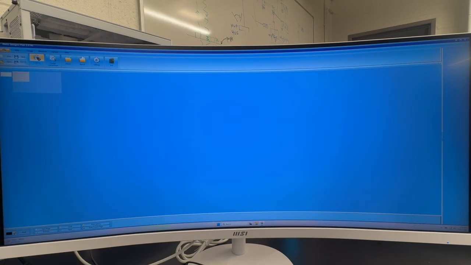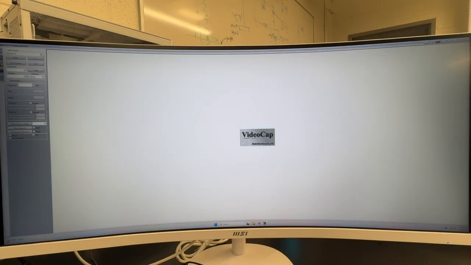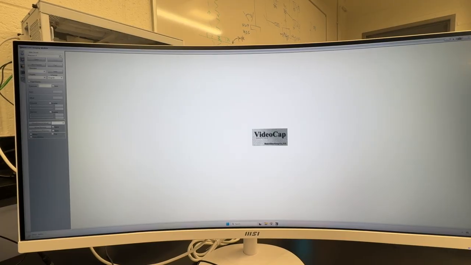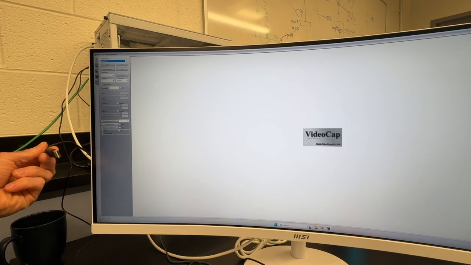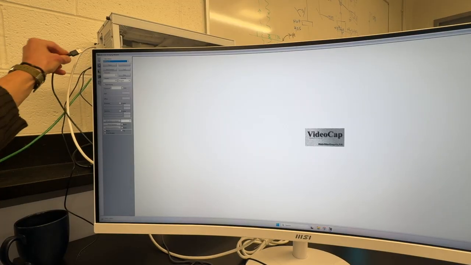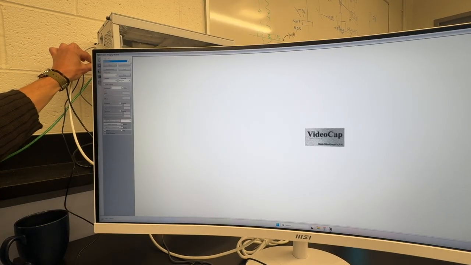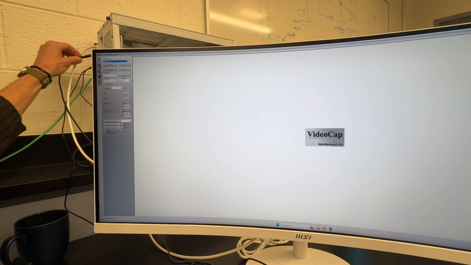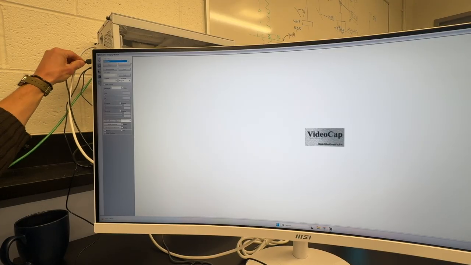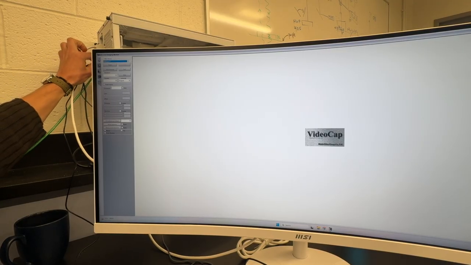We are going to head over to capture. So you'll notice up here in the left-hand corner, we've got Modic X and nothing else. That's because the camera isn't plugged in yet. So we'll plug this in, and usually you need to close this capture window before it actually reads anything.